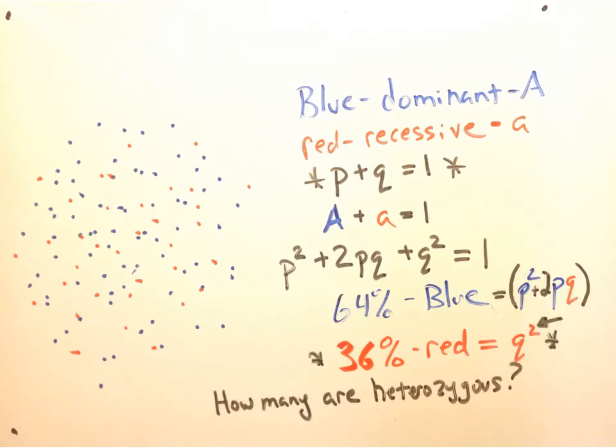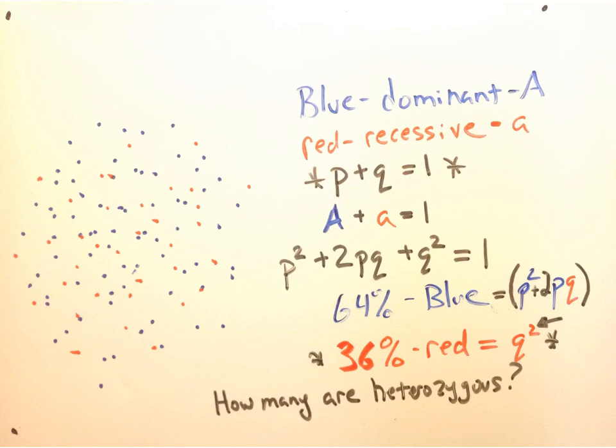Remember, the 36% of the population that has the recessive phenotype is also equal to Q squared, which represents the percent of the population that is homozygous recessive. The 64% is less useful. It's P squared plus 2PQ. Since there's 2 variables that are unknown in that part of the equation, we can't use that.